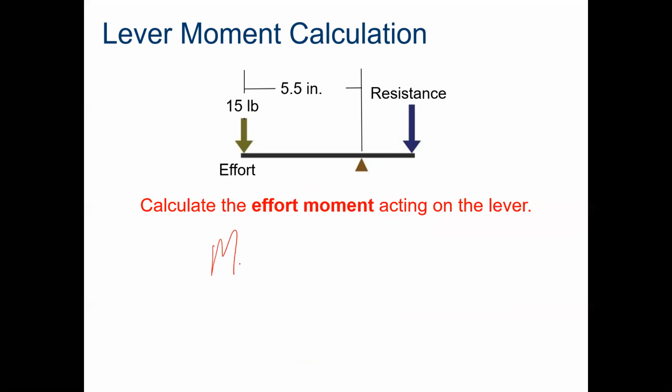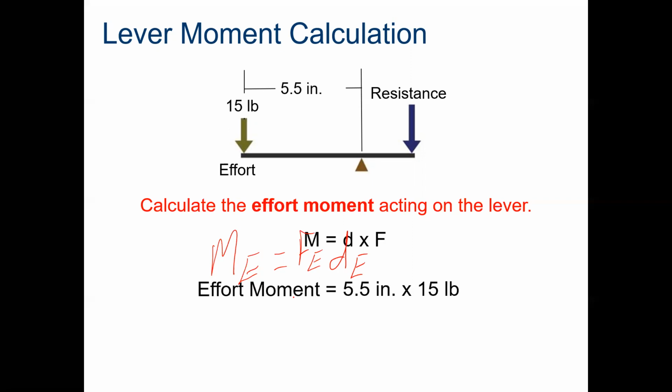So the moment of our effort would be the force of effort times the distance of effort. In this case, it would be 15 times 5.5, and let's let them do the work for me. So 15 times 5.5 is 82.5. And when you write it, you write both units, so I'm multiplying inches times pounds, so I write it as inch-pounds. That is how you would write that moment. All right?